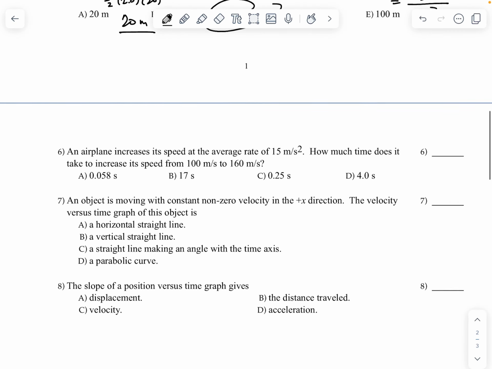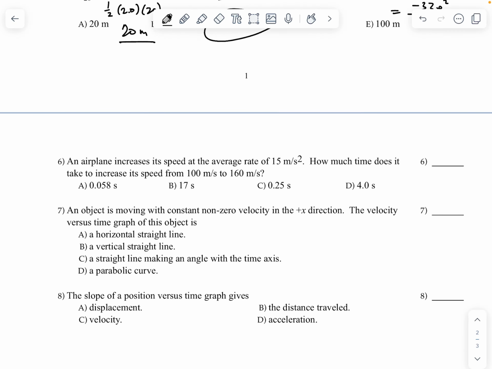Number 6. An airplane increases speed at the average rate. This average rate is acceleration. How much time does it take to increase its speed from 100 meters per second to 160? We know V naught equals 100 meters per second, V equals 160 meters per second, and we're looking for the time.